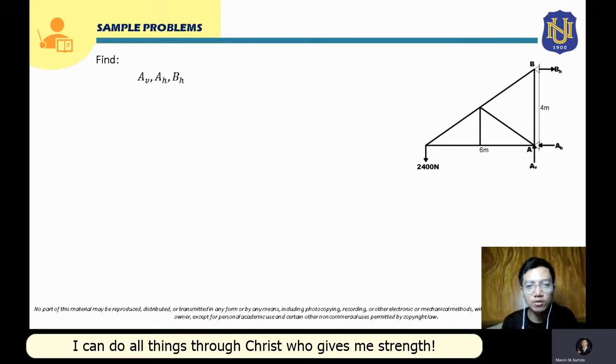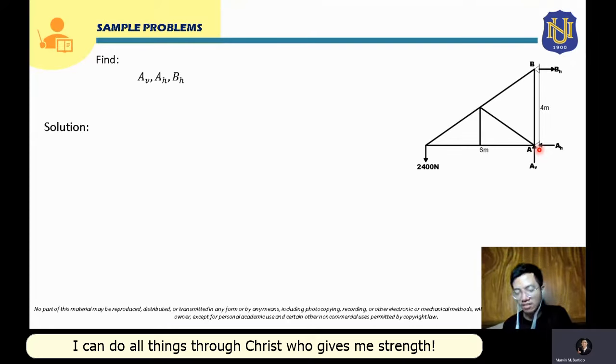Again, we are asked here to solve for the value of forces AV, AH, and BH. So let's start solving this. These four forces, this 2,400 Newton, AV, AH, and BH, will produce two couples. The first couple will be produced by this 2,400 Newton force and AV.